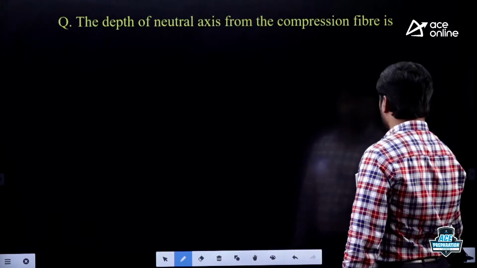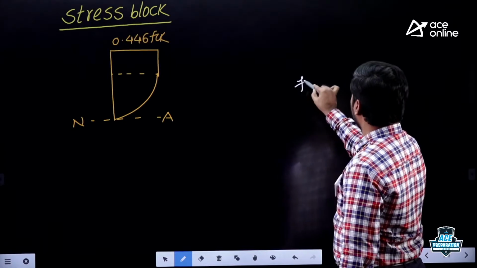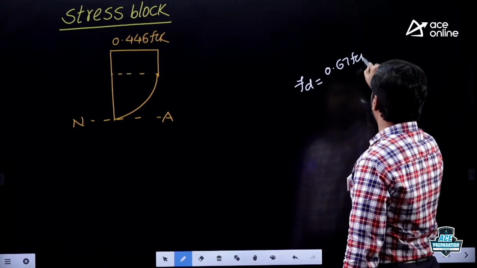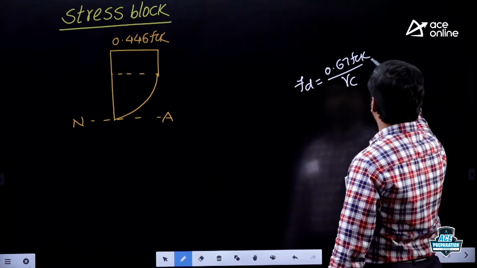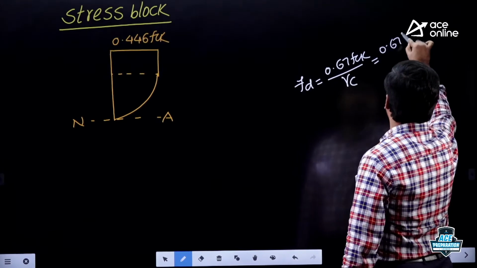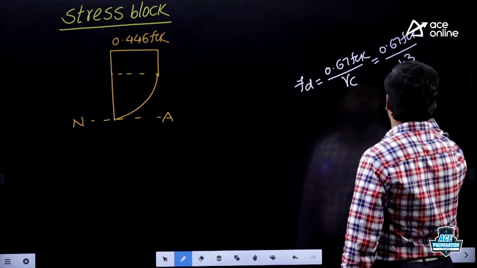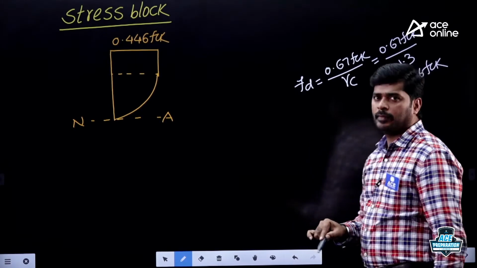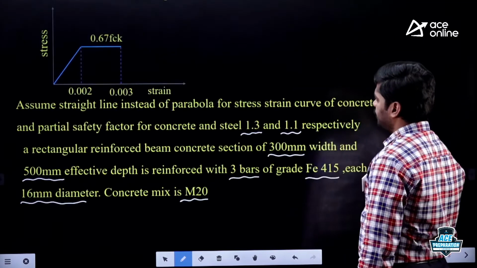Actually, how do we get this 0.446 FCK? Design strength equals 0.67 FCK upon partial safety factor for concrete. If you take 1.3 and simplify it, you will get 0.446 FCK. Right. Then come back to the question.